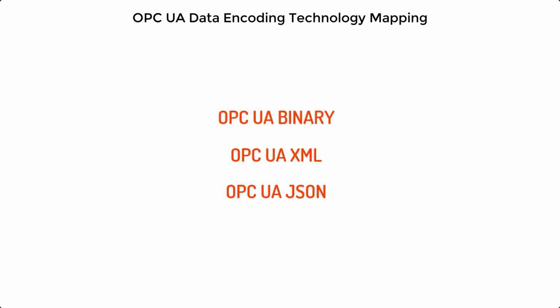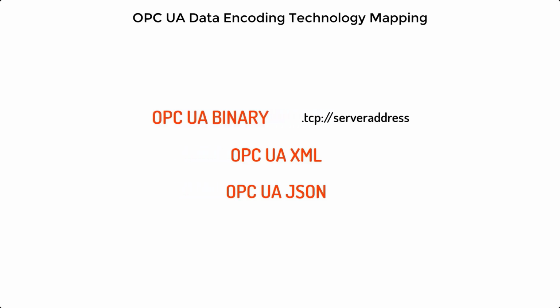Okay, so we've discussed all three data encoding technologies for which OPC UA specifies a technology mapping mechanism. But how would you identify what encoding mechanism an OPC UA server uses? The answer is you will be able to identify and distinguish an OPC UA server's data encoding technology using the server endpoint URL.